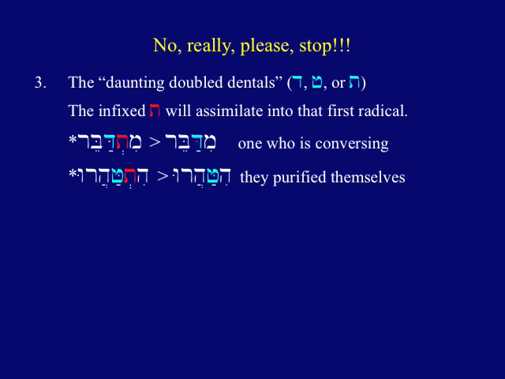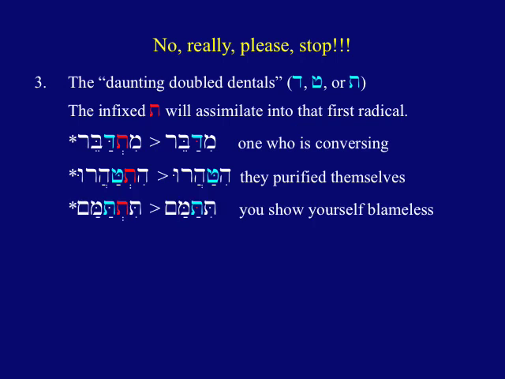Another example, tamam, geminate root there, tav mem mem, hitamam. Right, the tav of the prefix assimilating into the tav that is the first radical of the root.